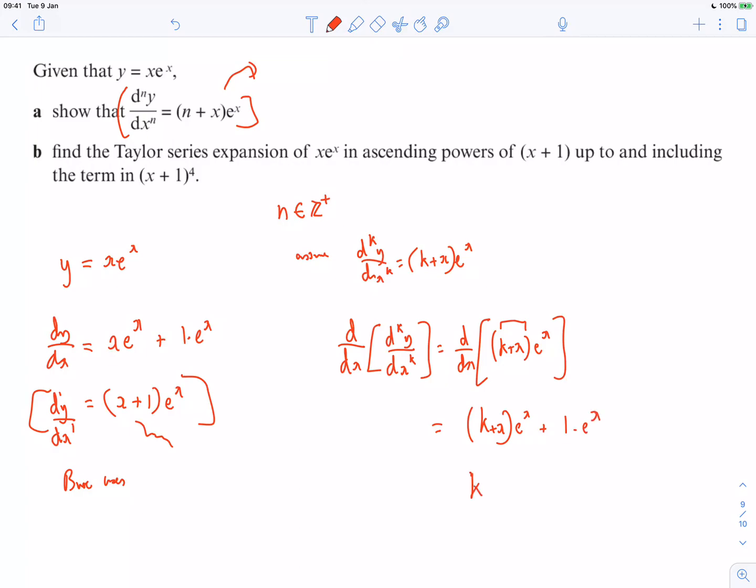When we combine these two, we get k plus 1, lots of x, lots of e to the x. And this is just d^(k+1) y over dx^(k+1). This is clearly true. This agrees when n is k plus 1, and so we've closed that mathematical loop.